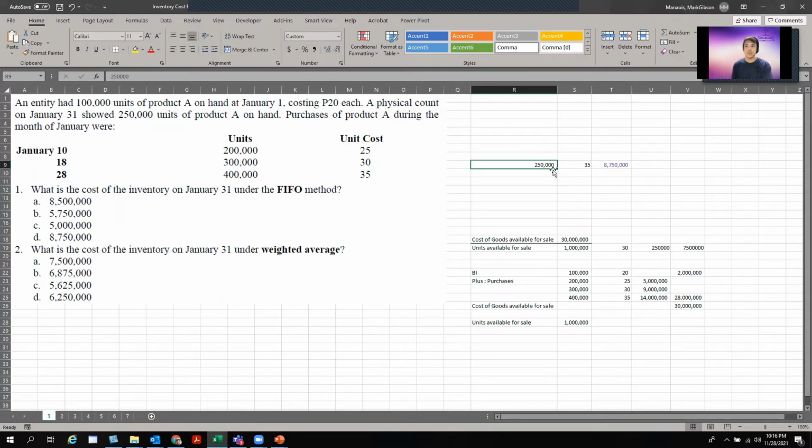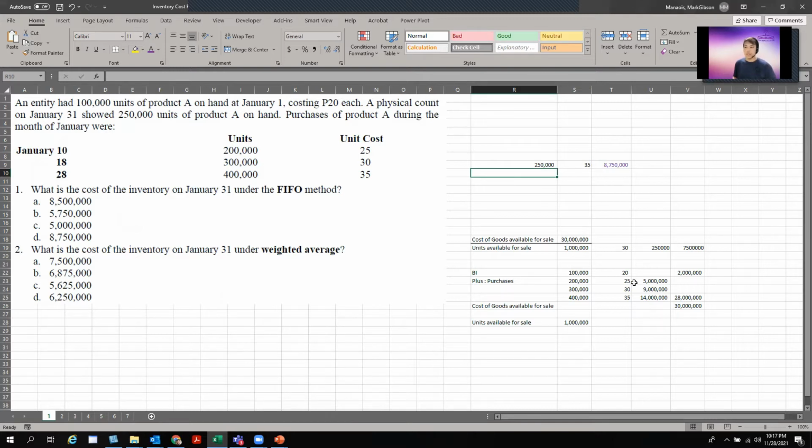So meron tayong 250,000 multiplied by 35. Therefore, the cost of the ending inventory under the first in, first out method would be 8,750,000. So the correct answer is letter D. Okay, so let's go now to requirement number 2.